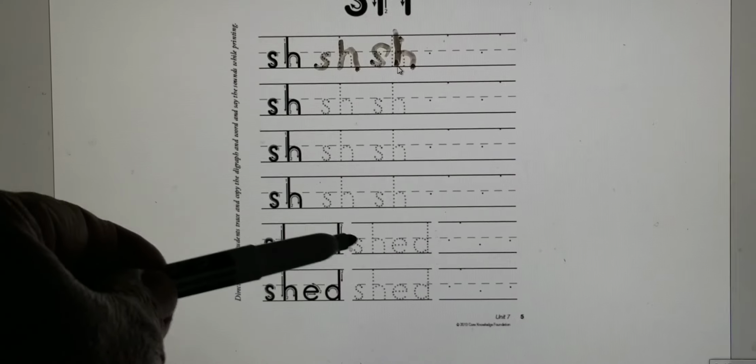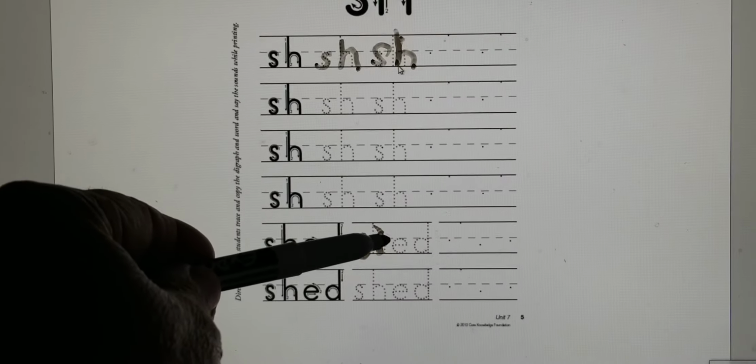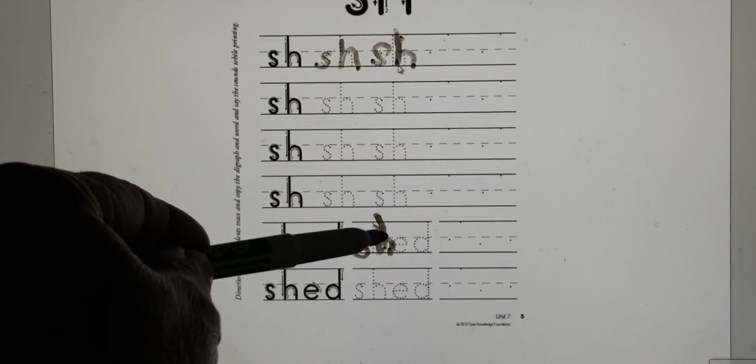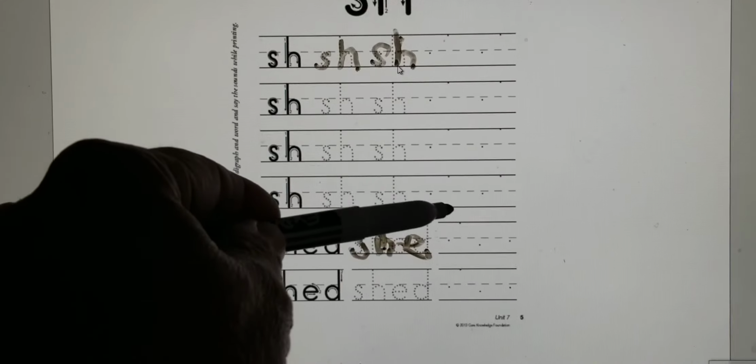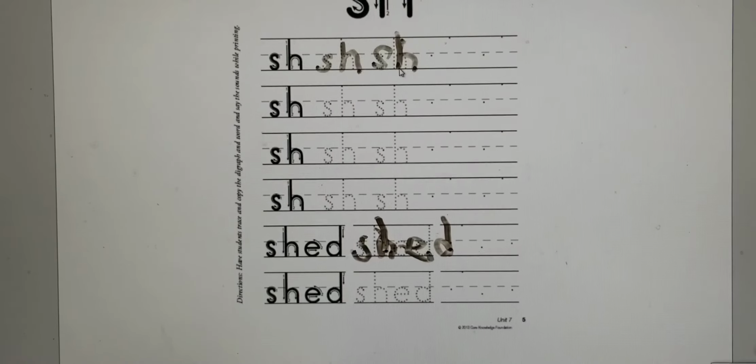And on the bottom, let's see if we can sound it out. Ready? We have the sh, e, d, shed. My goodness, boys and girls, you did it. Remember to finger space and do it again.